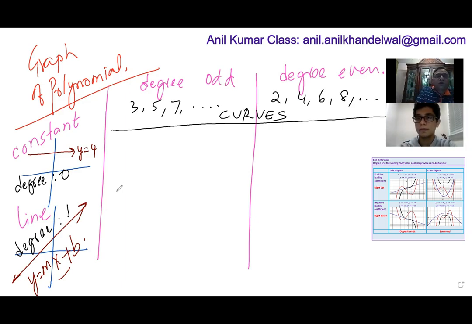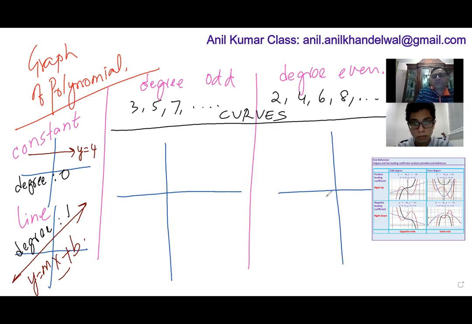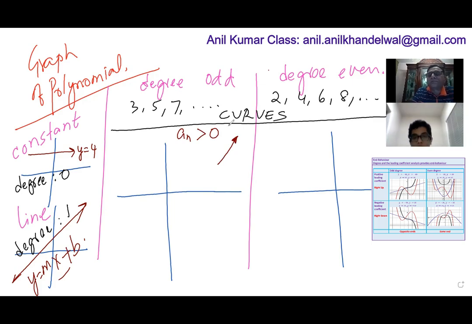So when we talk about odd degree polynomials, the behavior depends really on the leading coefficient. I'm writing that leading coefficient as a_n. If a_n is positive, that means greater than 0, in that case, the curve will be right side up, and the left side will be down.